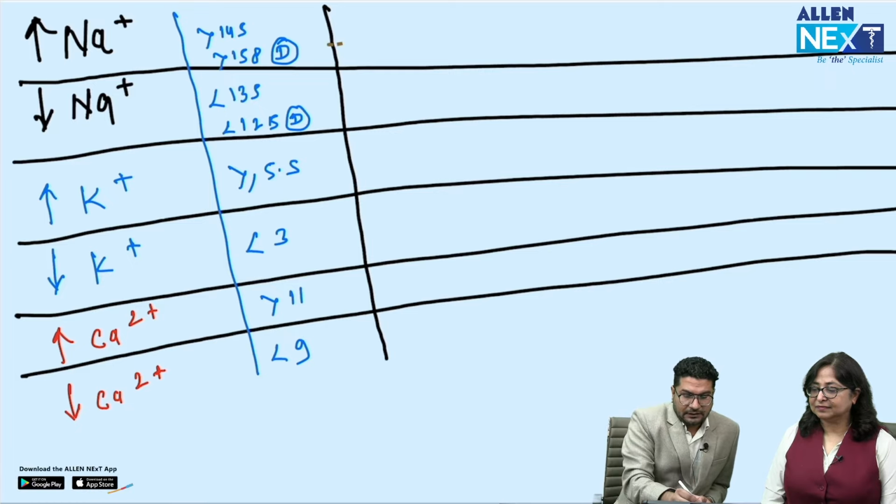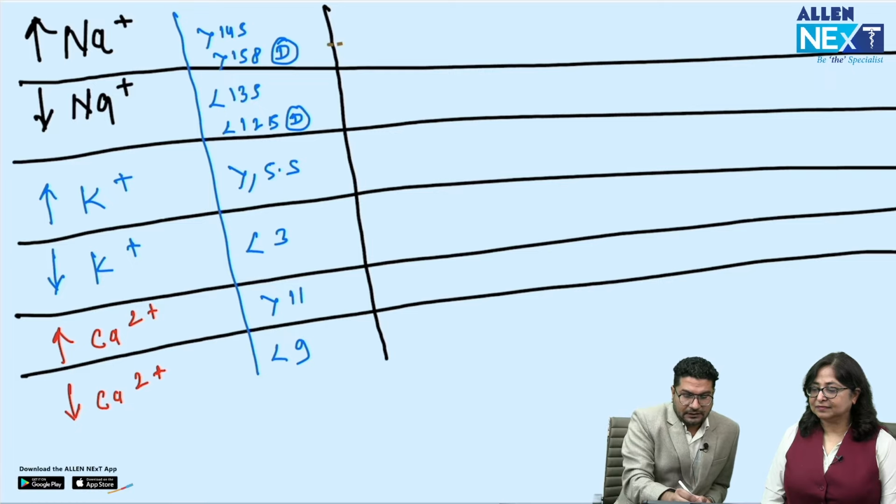Third thing I told you, we can use diuretics. And we can use binders. K binders I told you: sodium polystyrene sulfonate and sodium zirconium, and one more, patiromer.